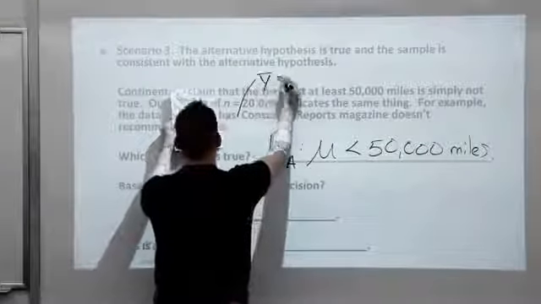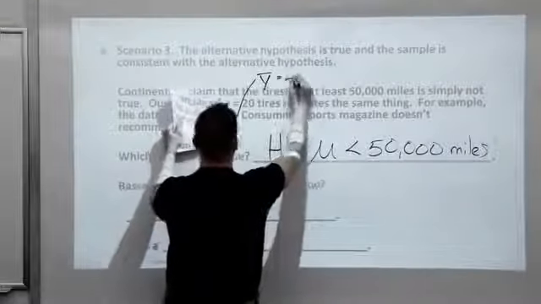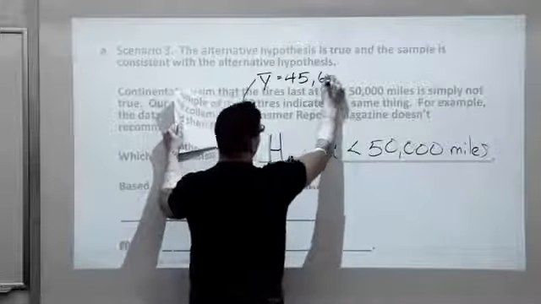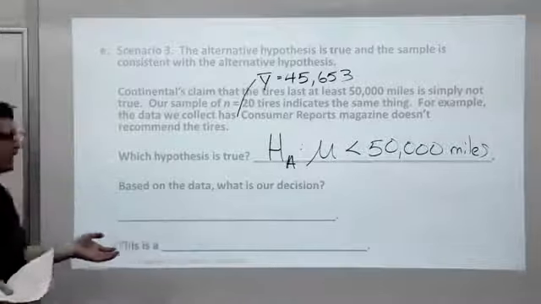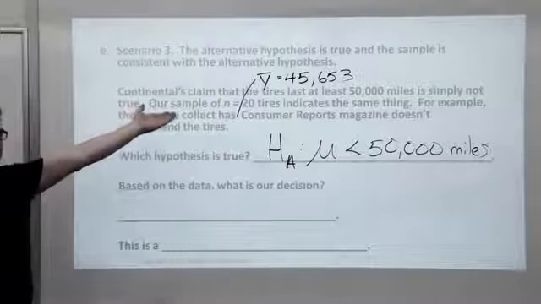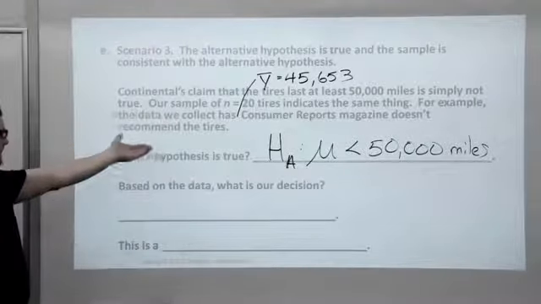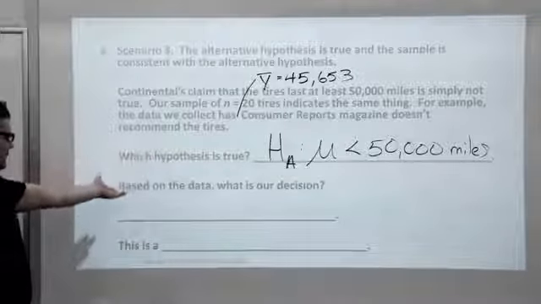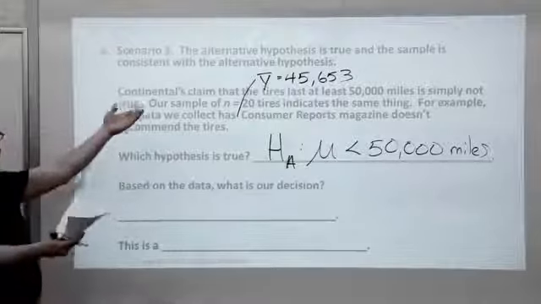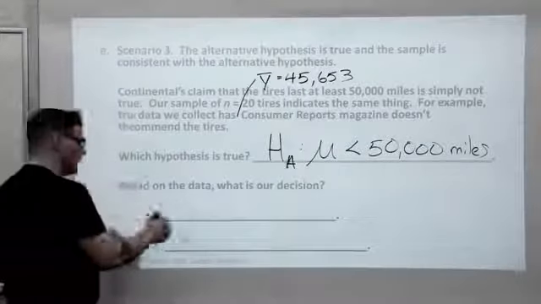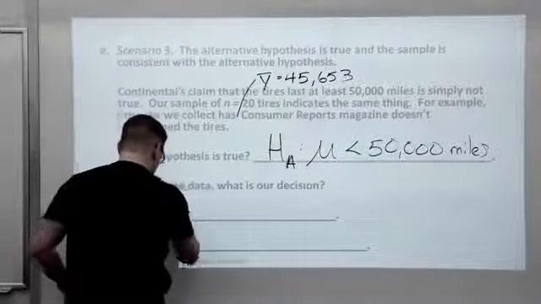Y bar equals 45,653. So pretend we collected 20 tires at random and we got that sample mean. Well, what are we going to do? Based on the data, we would reject the null, right? Common sense is sort of feeling like, well, that's way below. Based on the data, we would reject the null.